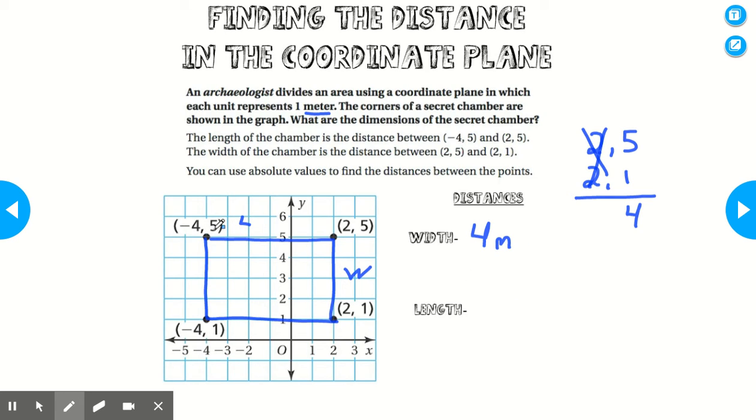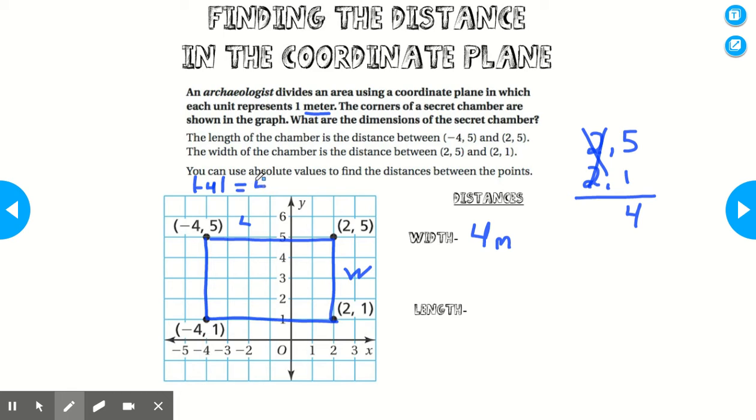Now, to find the distance, here it crosses the y-axis. So now what we could do is find the absolute value from 0 to this point. Since this is from 0 to -4, the absolute value of -4 is 4.